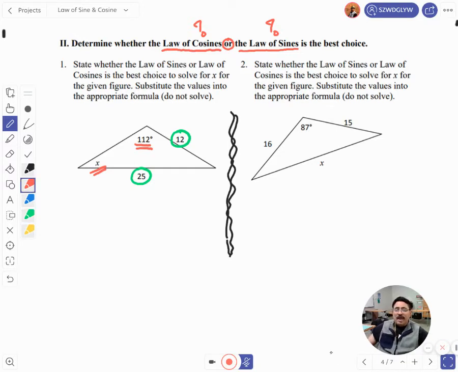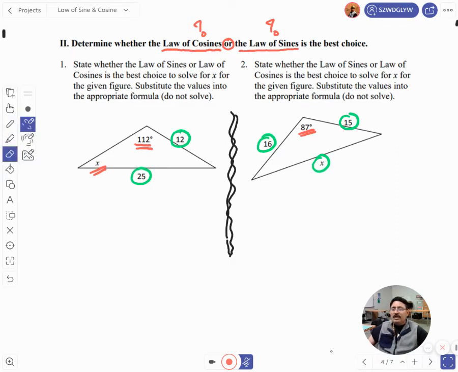Let me mark the angle with red color, and 16 is a side of the triangle. This is a side of the triangle, and this is also a side of the triangle. Let's say that the x value is to be computed, but still there are three sides and one angle associated. In question 1, two sides and two angles. Now, let's analyze and solve.